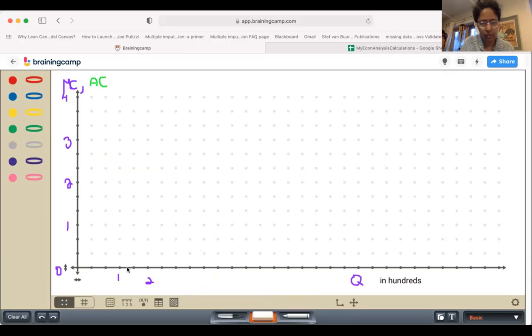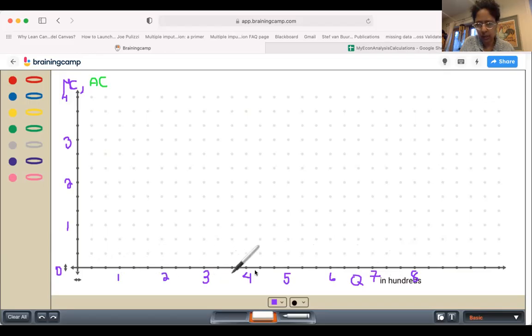Every 1, 2, 3 dots will be 100 units. Hopefully I don't make a mistake here, I have two dots in between.